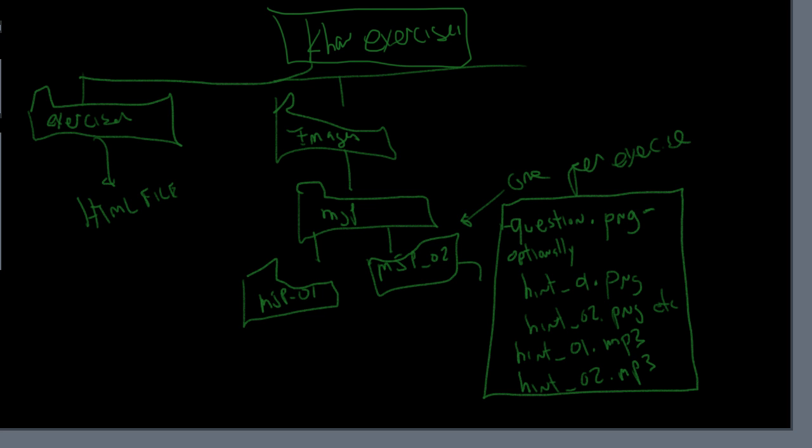So if you set up your directories from Khan exercises to images to your own dedicated folder to a subfolder for each question with these files, question.png, and then optionally hint_01.png, 02, 03, going up, I presume, as high as you want.